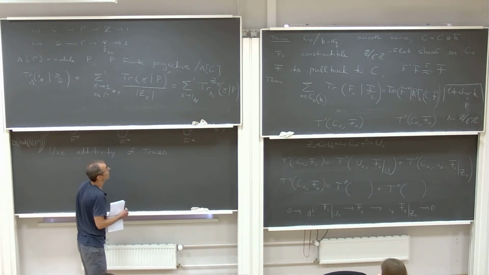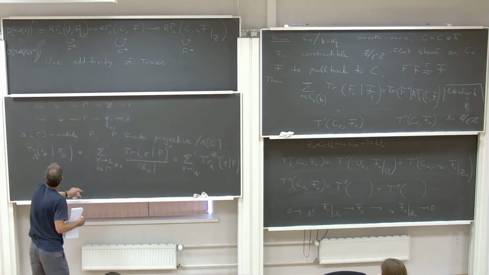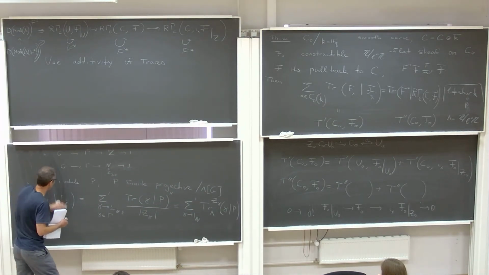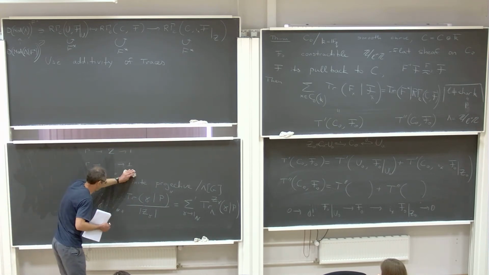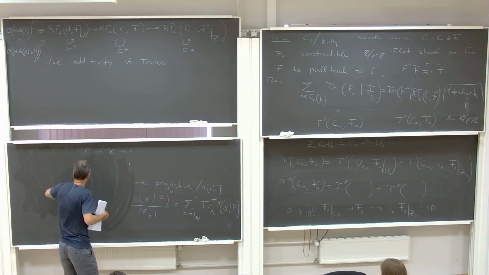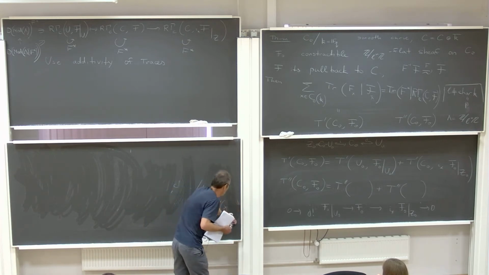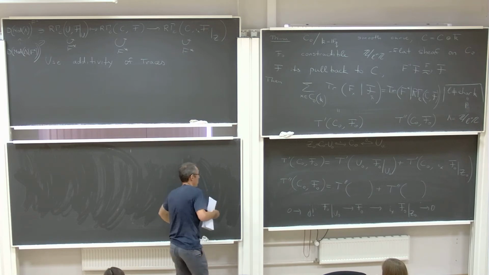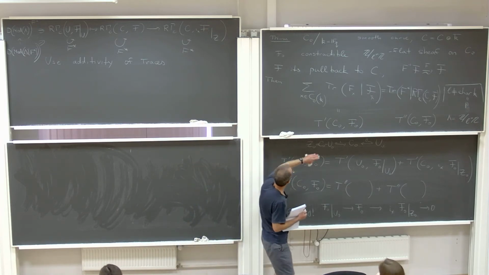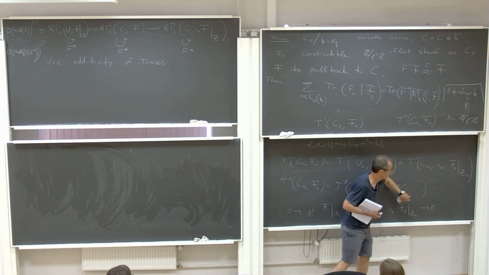So what I want to erase, maybe I still have to erase this. So in order to prove the result, you need to prove that this is equal to this, and this is equal to this.